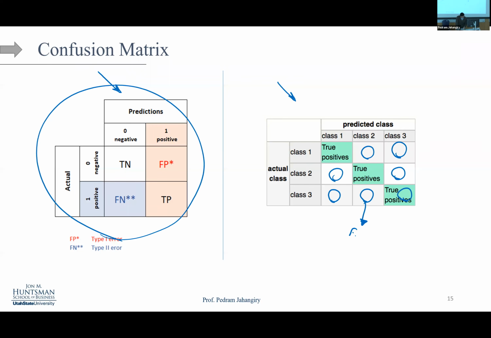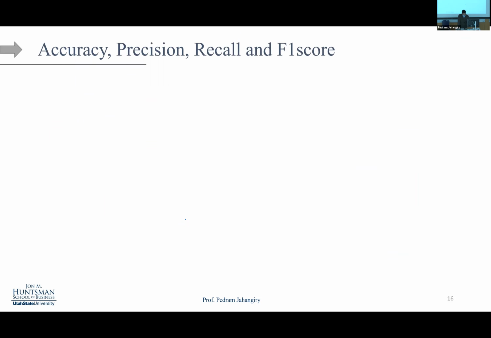This is false class 2, because there's no positive or negative anymore. Why do I say false class 2, not false class 3? Because look at what the model predicted. The model predicted 2. That prediction was false, right? So we call it false class 2. Are we good?